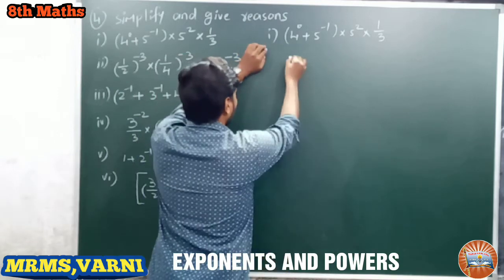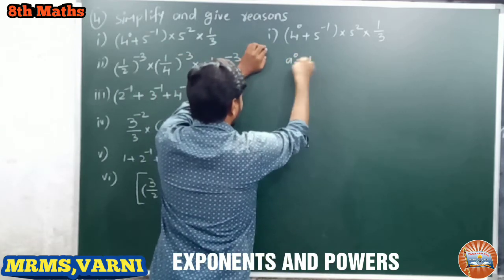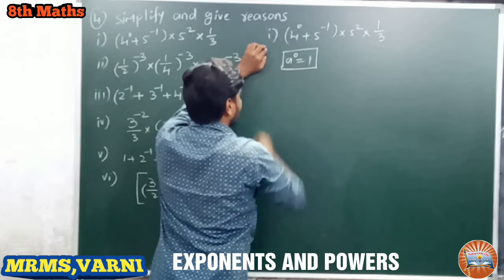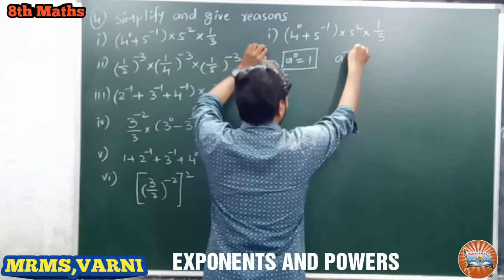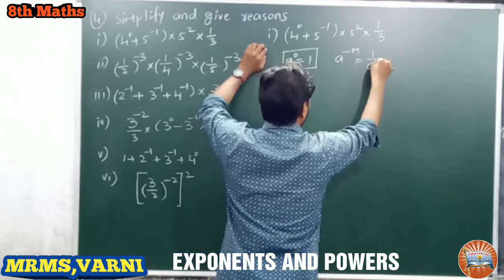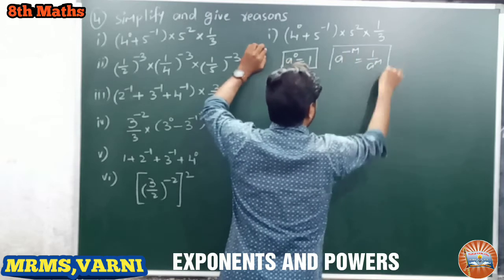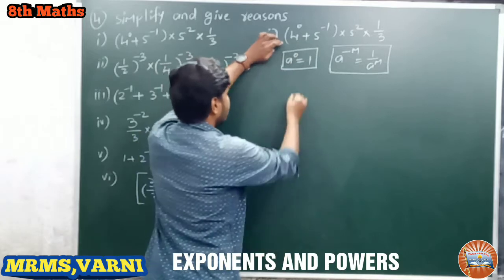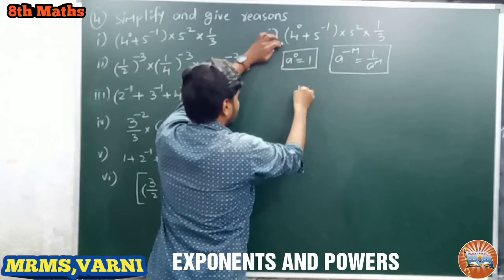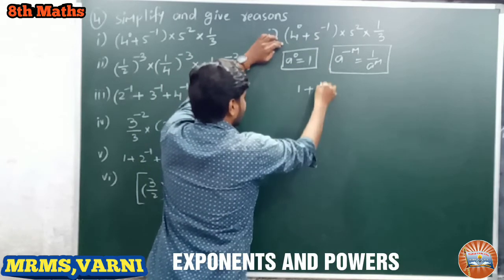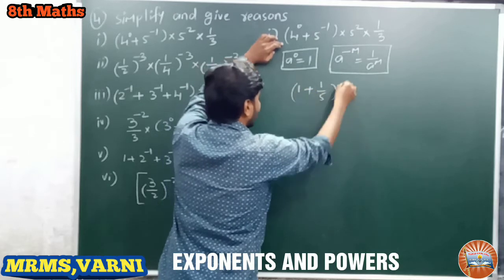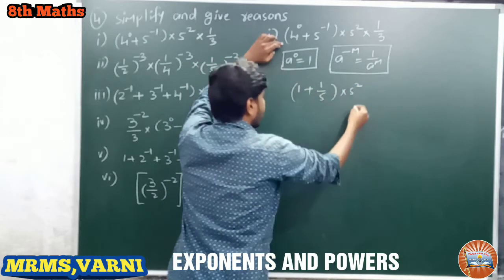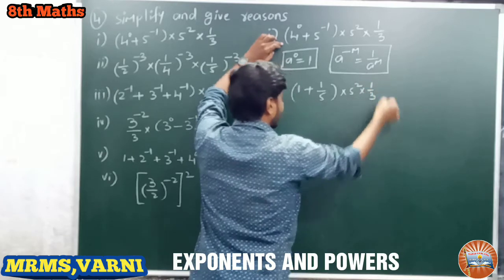So we have one formula, a power 0 equals to 1, as well as a power minus m is equal to 1 by a power m. Okay, the use of these two formulas, we can write 4 power 0 is nothing but 1, plus 5 power minus 1 nothing but 1 by 5, into 5 square into 1 by 3 as it is.